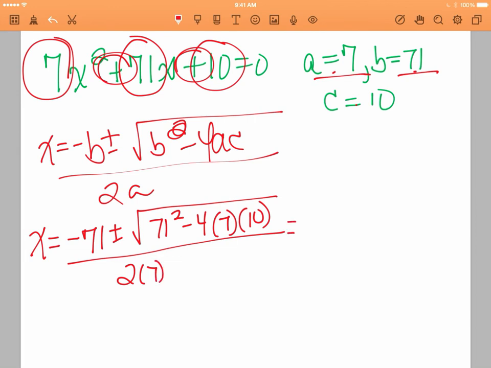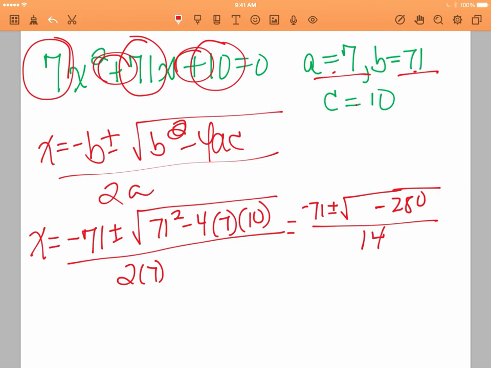When you plug this in, you get negative 71 plus or minus the square root of 71 squared, which we'll figure out in a moment, minus 4 times 7, which is 28, 28 times 10, so 280, all over 14. So then we find out what 71 squared is.